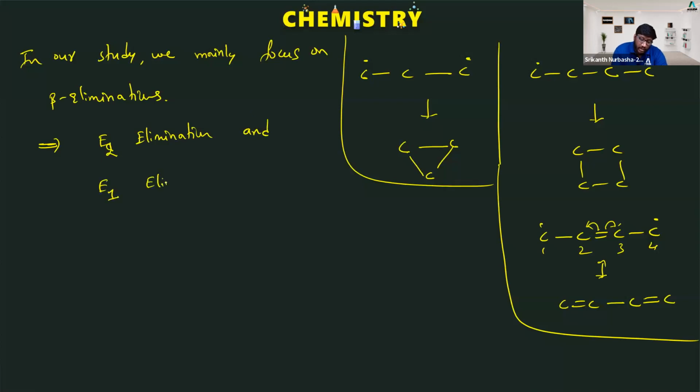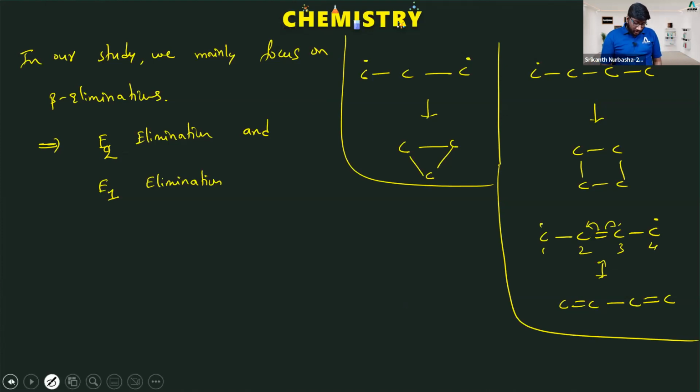We also have E1CB. E1CB is elimination happening in the presence of a conjugate base, so that is also similar to E2 only. We'll discuss E2 elimination and E1 elimination in detail: what is actually happening, what the stereochemistry is, and all other points as well.